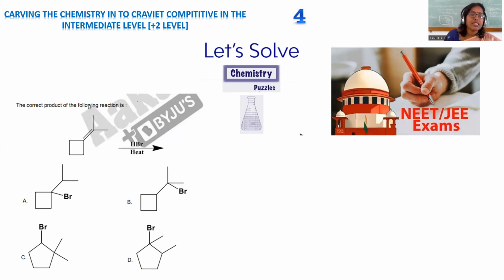Whenever this compound is treated with hydrobromic acid under heat conditions, we are raising the temperature. Whenever temperature rises, what product will we get? If simply addition is possible, on one side you can add H plus, on the other side you can add Br minus, so that we get addition product either A or B. But this is not the case.